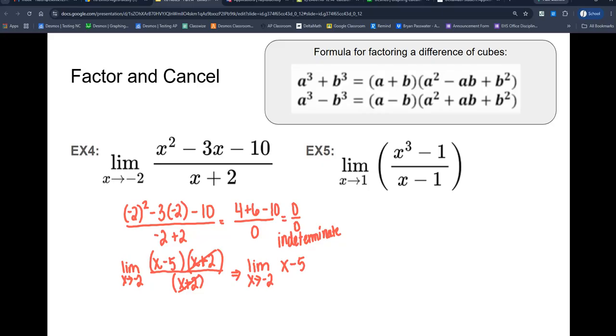Anytime you still have a variable there, you need limit notation. But I'm getting ready to plug in the number, so I'm going to drop my limit notation. I'm just going to have -2 minus 5, and I will get -7 for that. So if you factor and cancel, then on that next step, you can probably use direct substitution to actually get a number answer.